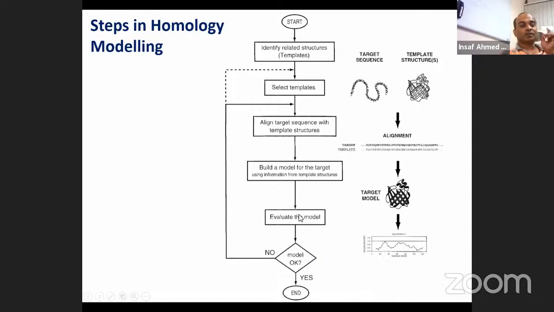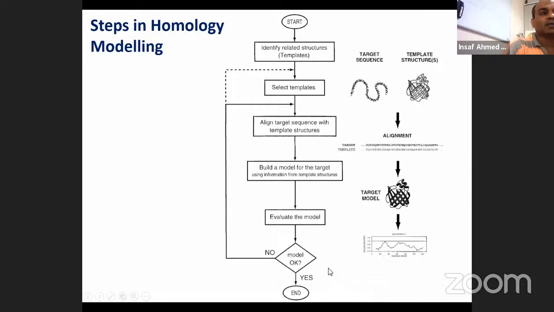That means if your structure is not following the Ramachandran plot, you may have some outliers, and outliers are not good. So then what do you have to do? This model, whatever you obtained from this template, is not good. Then you go back and look for another template. You have to perform these methods continuously until you get a properly validated model.